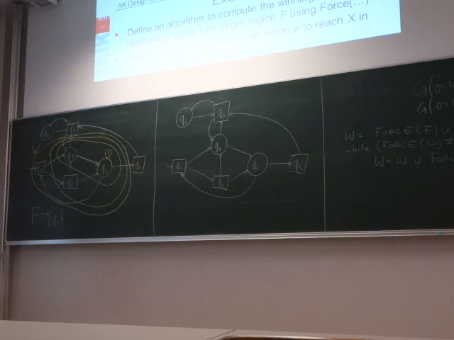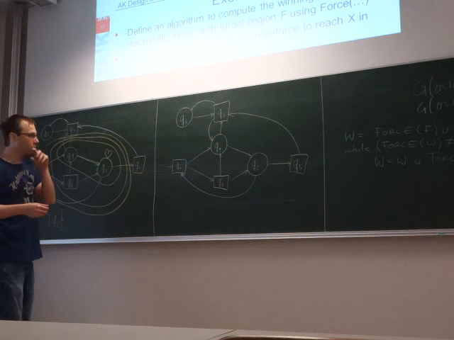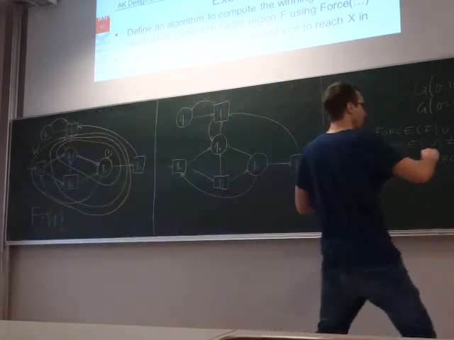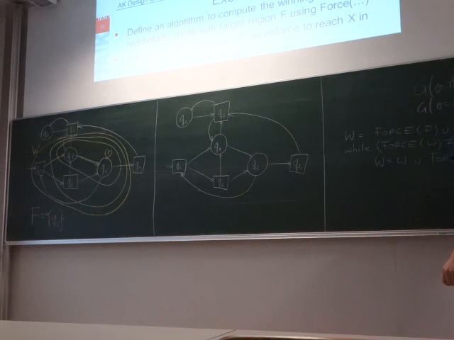Without somewhere, without the W I had before. Right. Check if it changes. Exactly. So what we really would like to know is whether we get any additional states. So we could write whether force of y, how should I just write it?